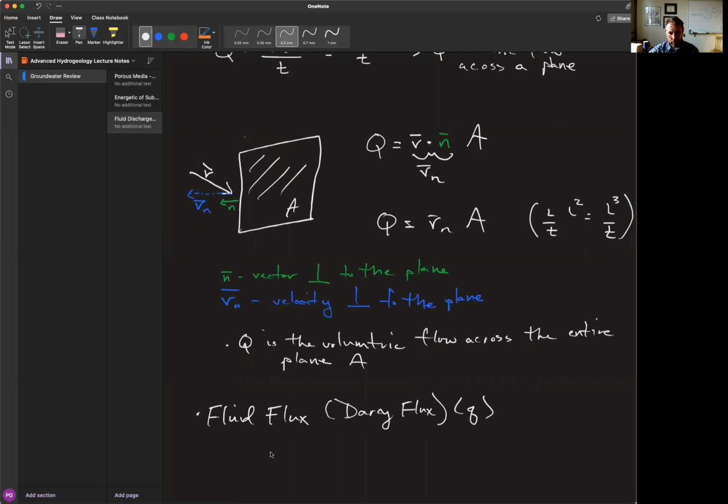And little q, the fluid flux, is defined as the discharge divided by the area. It is the amount of flow per unit area. So it's the discharge normalized by the area. q is a vector. It has a direction and a magnitude.